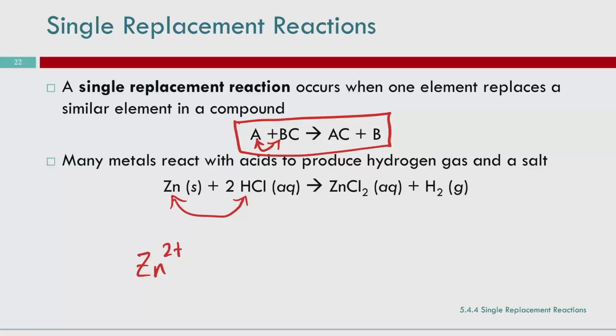Also positive. And what kind of charge does chlorine have when it's an ion? Negative. So HCl together, we've got a positive and a negative. Zinc forms a positive charge, and so it's going to swap out for the thing that has a positive charge. If it swapped out for the chlorine, then we'd have 2 things with positive charges together, and that doesn't work in chemistry.